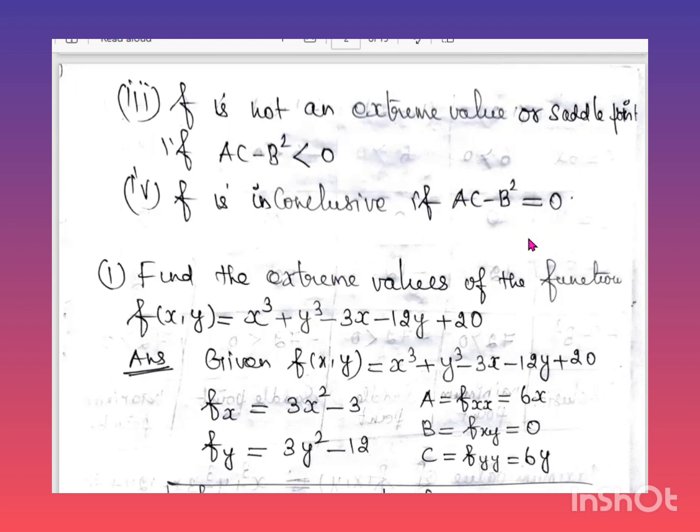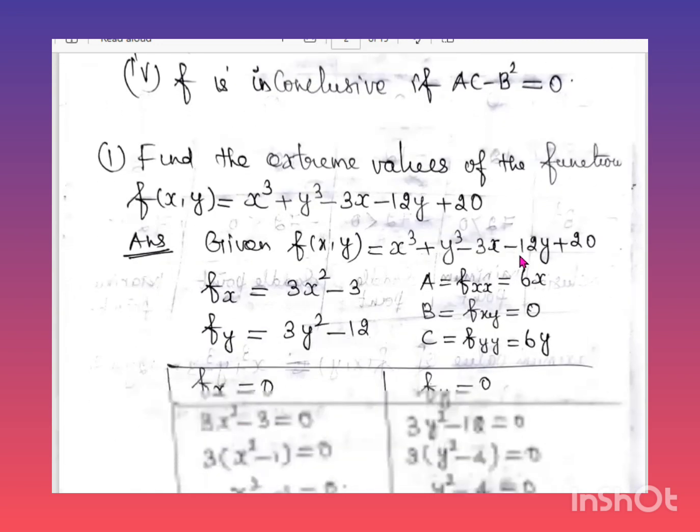If ac minus b square is less than 0 means it has a saddle point. If ac minus b square is equal to 0 means it is inconclusive. So these are the 4 conditions we are going to use while we are solving the problems.